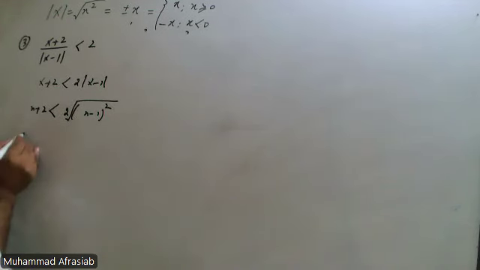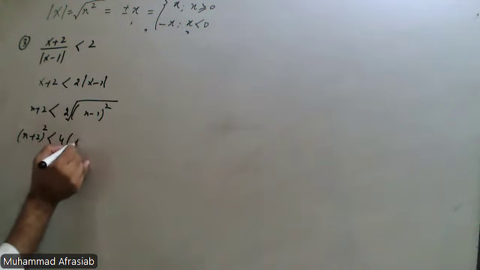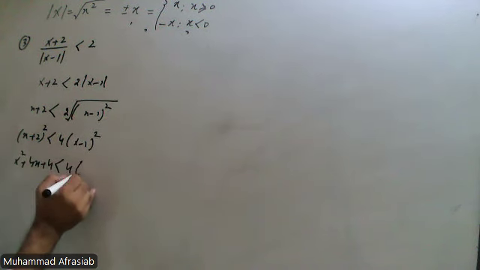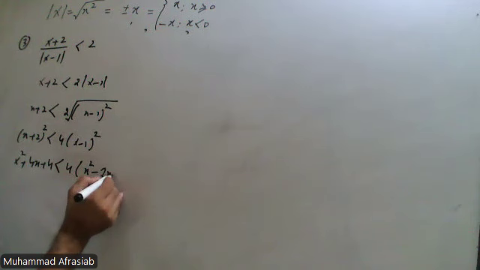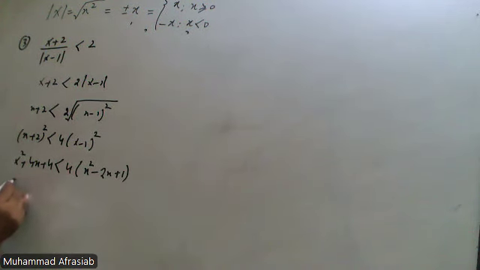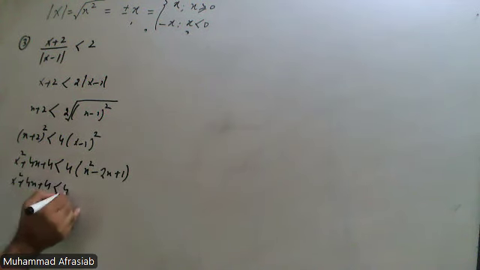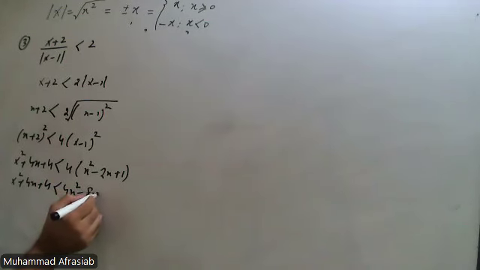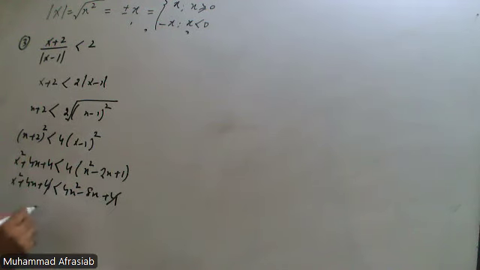Taking square on both sides, (x plus 2) whole square is less than 4 into (x minus 1) whole square. Now this will open as x square plus 4x plus 4 is less than 4 times (x square minus 2x plus 1), which is 4x square minus 8x plus 4. 4 and 4 are going to cancel out.